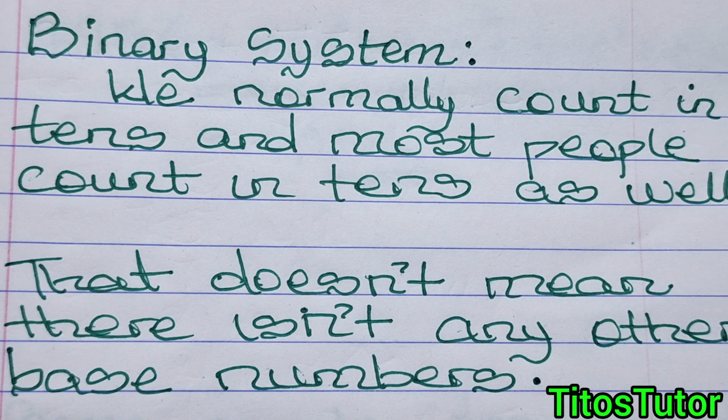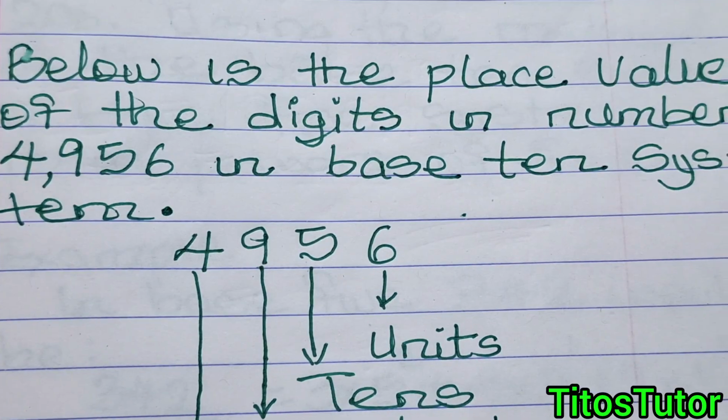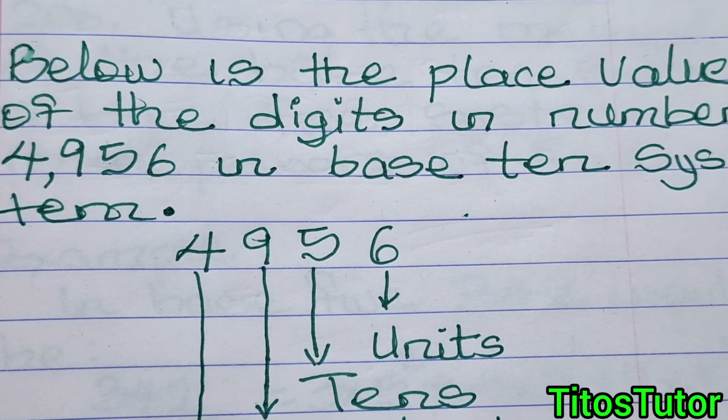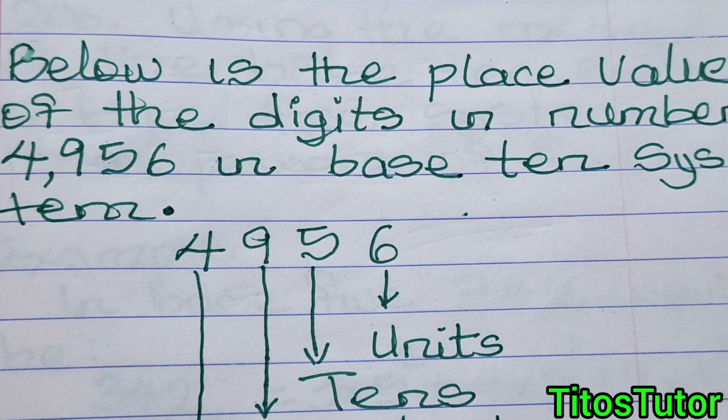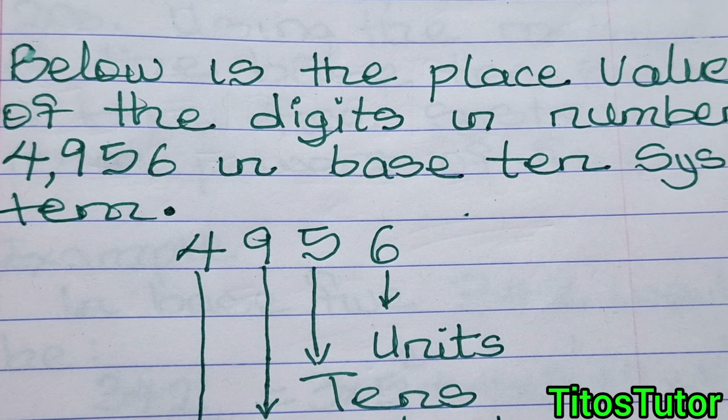I want us to know that we normally count in base 10 and most people count in base 10 as well. That doesn't mean that there isn't any other number base. Okay, let's take a look at the number 4956 in our base 10 system.